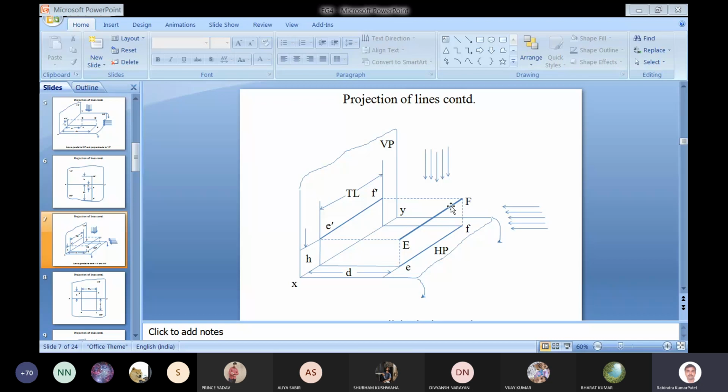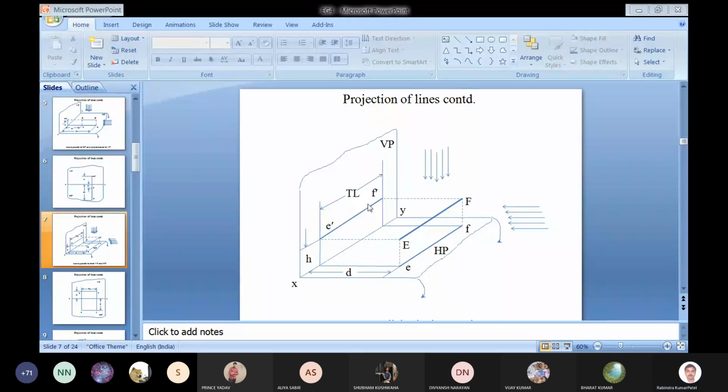So parallel to both the planes, we will have the true length of the line onto the vertical plane as well as the horizontal plane. Means both the projections will be of the true length, as the size of the actual line. So the true length is mentioned here.